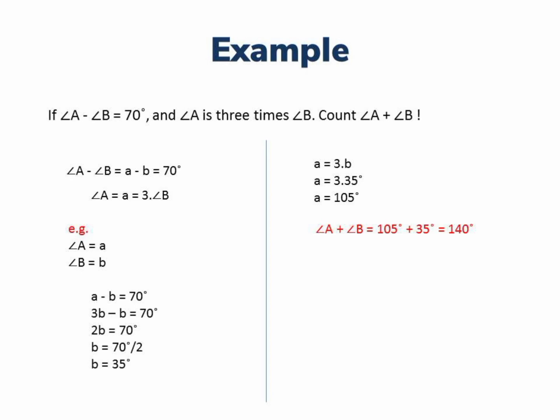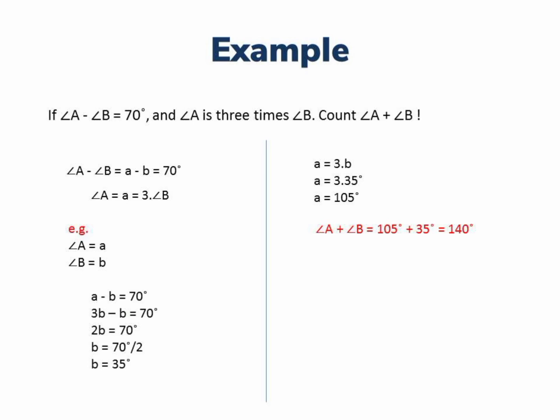For instance, angle A is equal to A, and angle B is equal to B. So we know that angle A minus angle B is A minus B equals 70 degrees. And then angle A is 3 times angle B, so A equals 3 times B. So we can solve as follows.